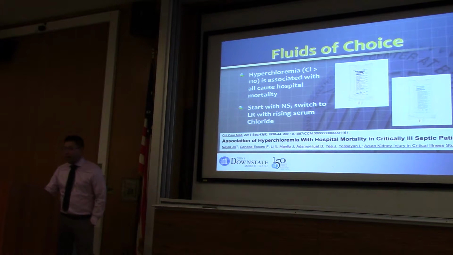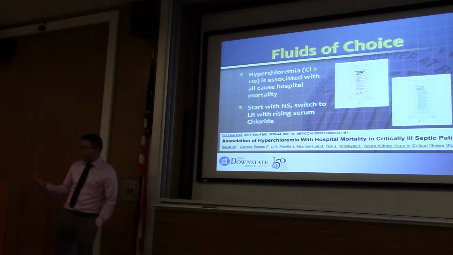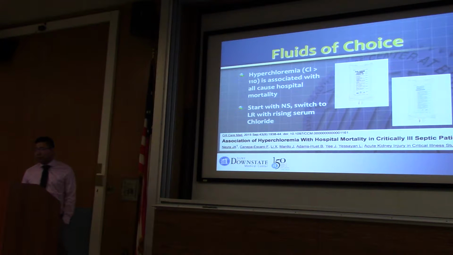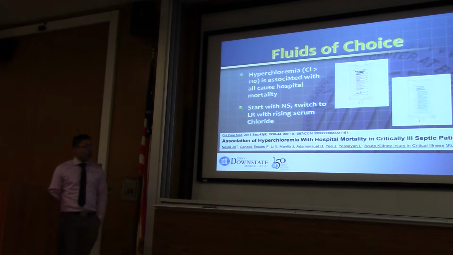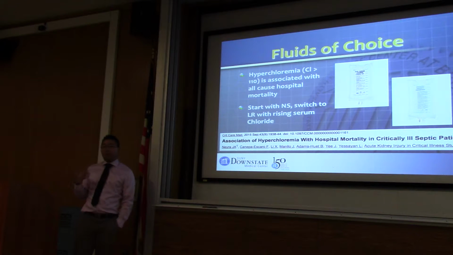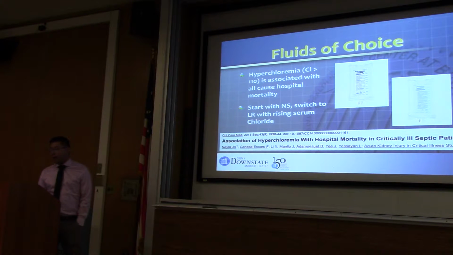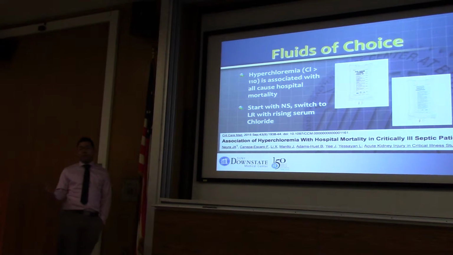Studies have shown that hyperchloremia is associated with all-cause hospital mortality. One of the most recent papers I found associated hyperchloremia with hospital mortality in critically ill and infected patients. In this paper, they measured the level of chloride in the body when the patient first came into the ICU, and 72 hours later.